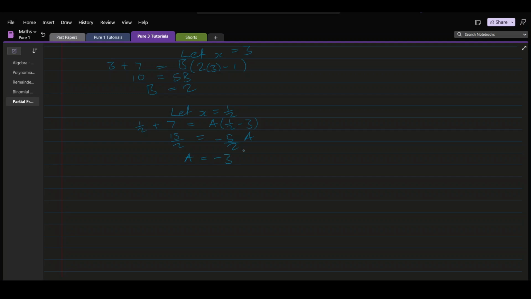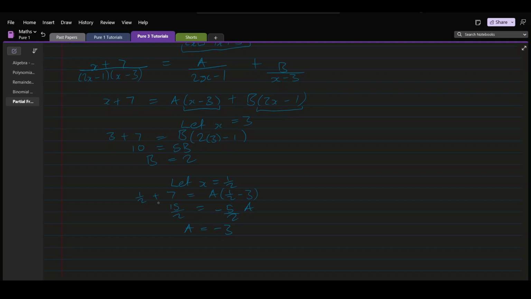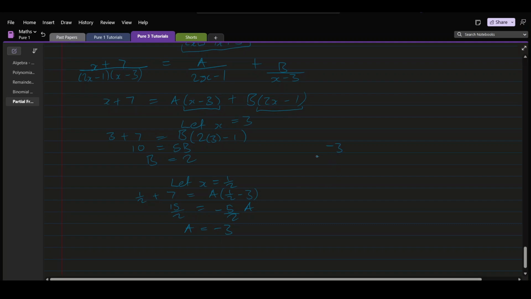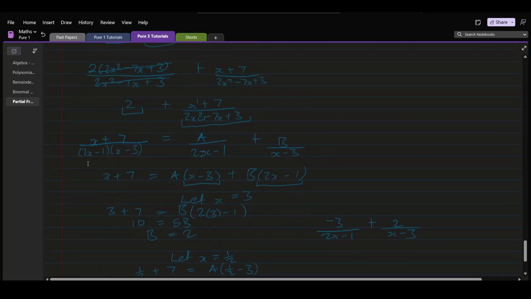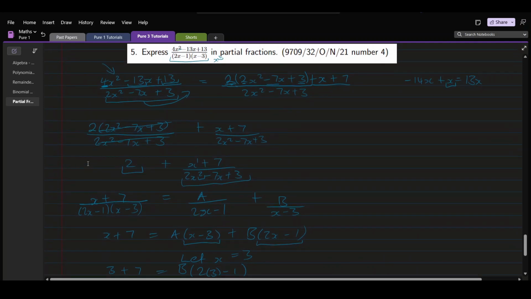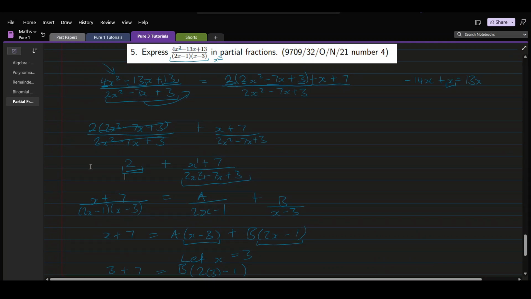So that means for the fraction that we decomposed here, the proper fraction, that would then be a, which is negative 3 over 2x minus 1, plus b, which is 2 over x minus 3. Now remember that we were decomposing the original function, which is an improper fraction, and we started first by getting this constant. So we also have to remember to add it.